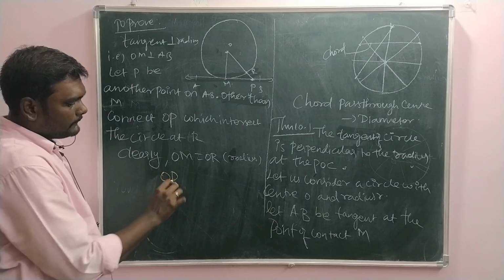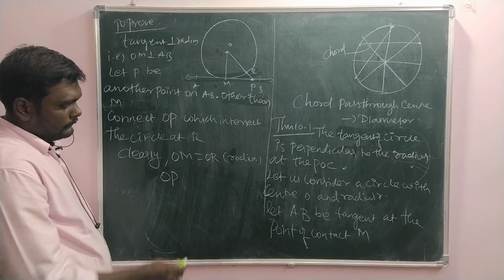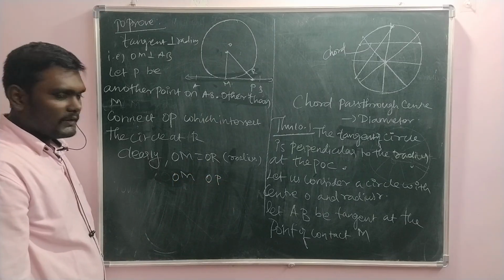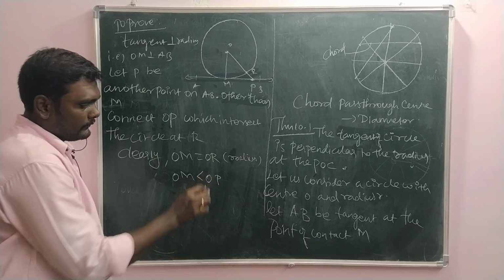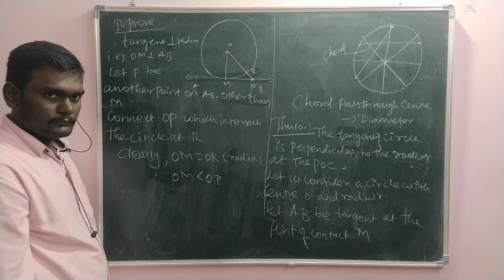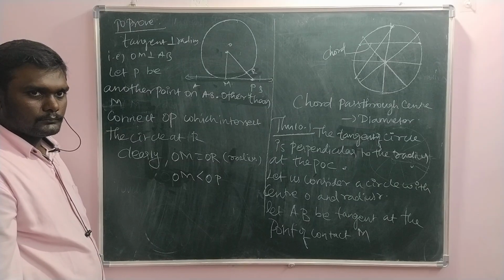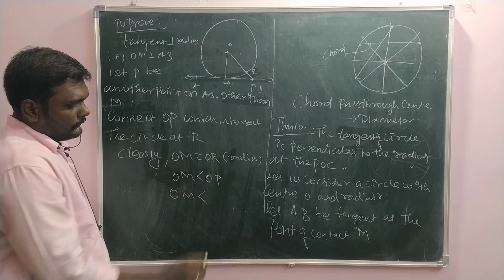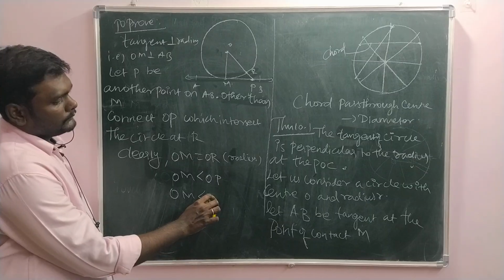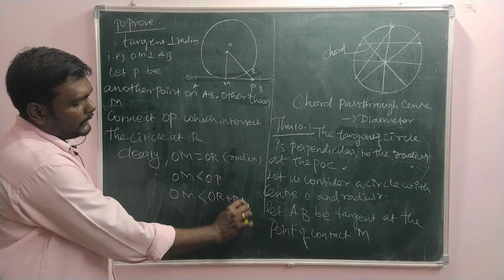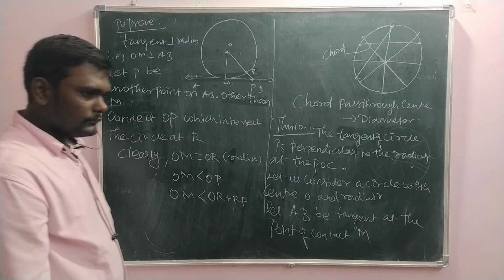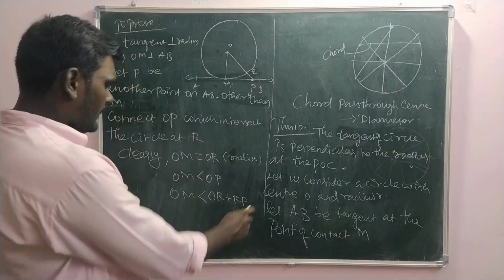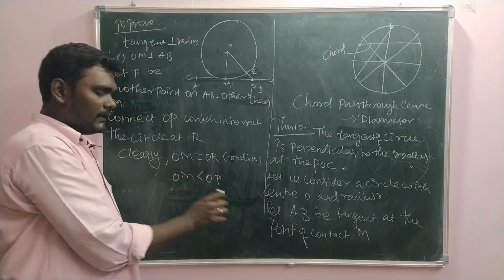Also, what about OP? We can compare OM and OP, whether OM is less than OP or greater than OP. It is less than OP. That means OM is less than OR plus RP. Simply, OM is less than OP.